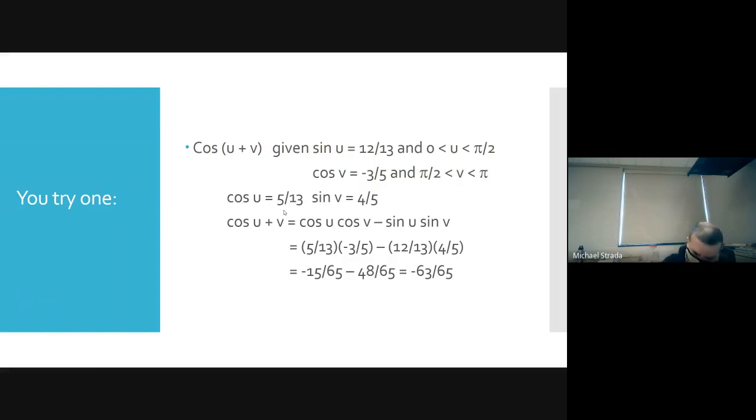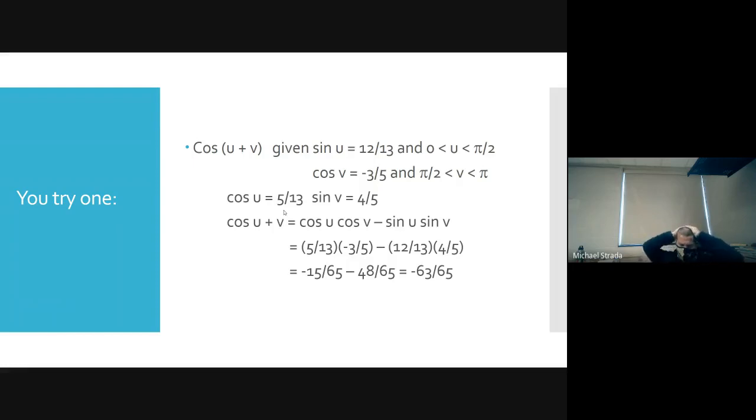On the back, they give you sine u is 5 over 13, cosine v is negative 3 over 5. And in 47 through 50, the one thing I will remind you of: 7 and 24, the third number in that family is 25. So you're dealing with the 3, 4, 5; 5, 12, 13; and 7, 24, 25 families.